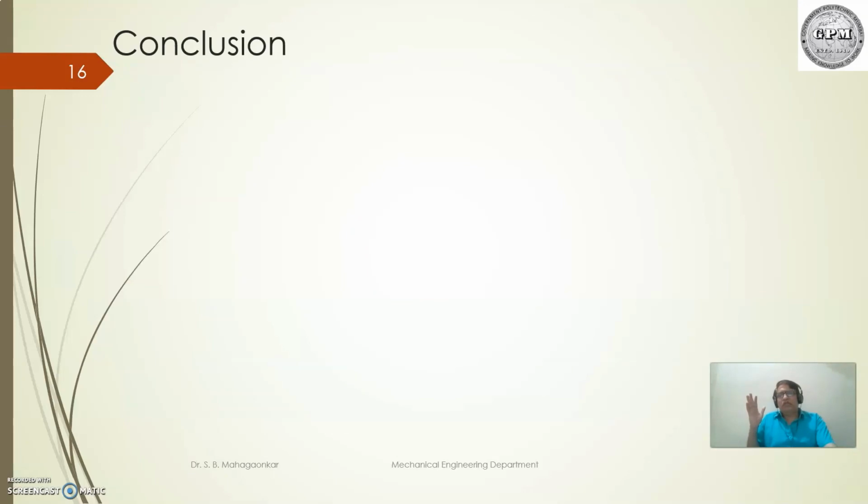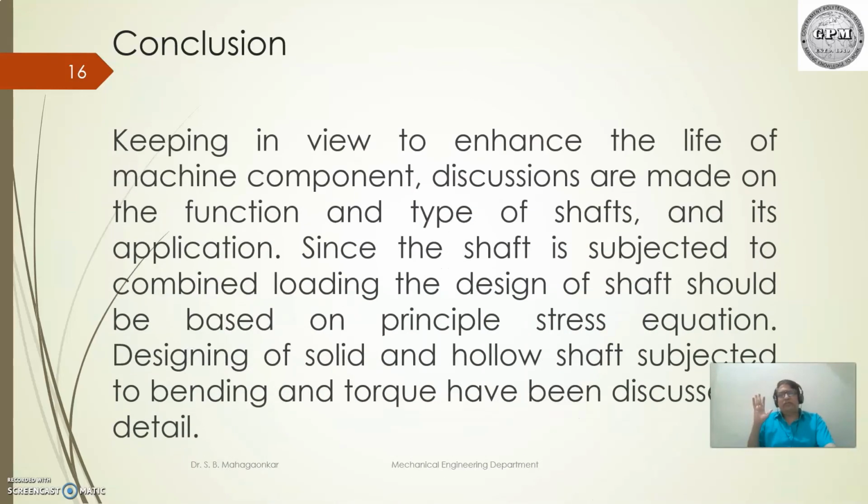So in conclusion, keeping in view the need to enhance the life of machine components, discussions were made on the functions and types of the shaft and its application. Since the shaft is subjected to combined loading, the design of the shaft should be based on the principal stress equation.